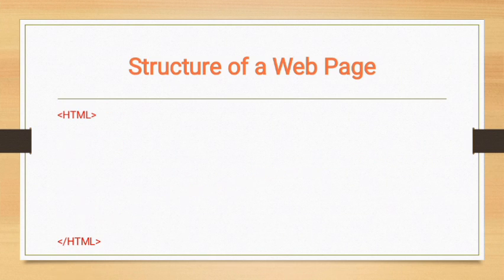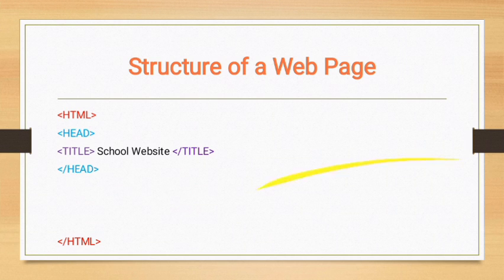So this is the structure of HTML. First you want to write the HTML, and at the end you want to close HTML. Then head and slash head. In between you can write the title tag, and you can specify the title of the web page, for example school website. And then comes the body tag.